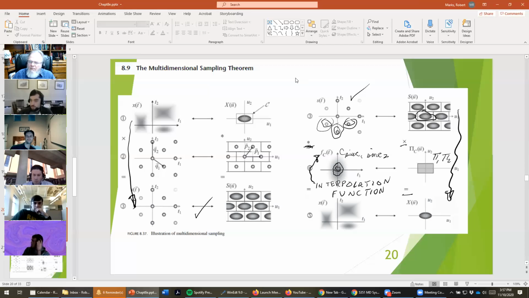Now, in one dimension, when we had a bunch of samples, that interpolation function was a sinc, right? And we replicated it at every point with the sinc. Now we have two dimensions, so whatever that interpolation function is in two dimensions is replicated at every single point. And when we add up all of these little interpolation functions, in accordance with the analysis that we have here, we have to get back the original signal exactly.